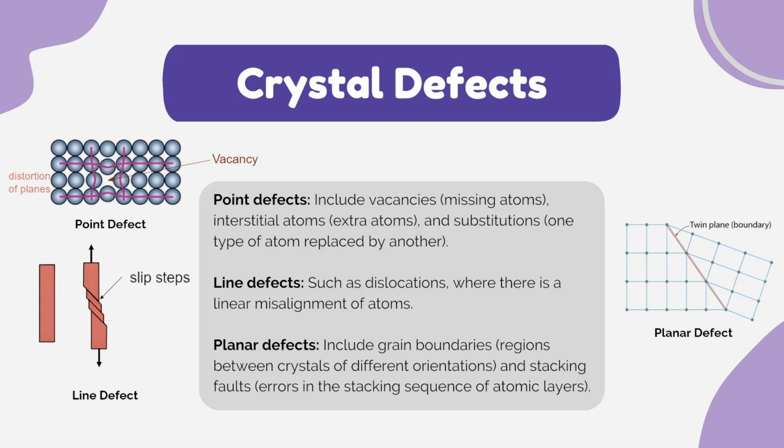Number 2, line defects are dislocations, where there is a linear misalignment of atoms. Number 3, planar defects. These include grain boundaries, or regions between crystals of different orientations, and stacking faults, or errors in the stacking sequence of atomic layers.